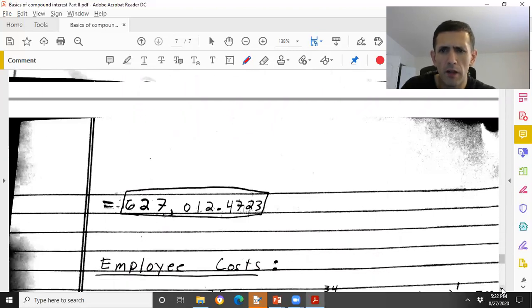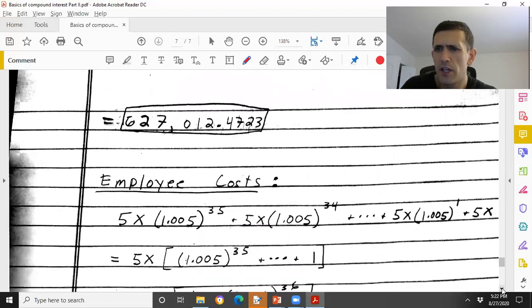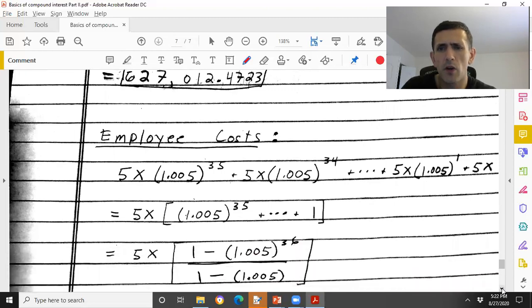Right. Do the same thing for employee costs. Here you only need to factor out a 5x. Here your r for the finite geometric sum formula is 1.005 and your n is 35.